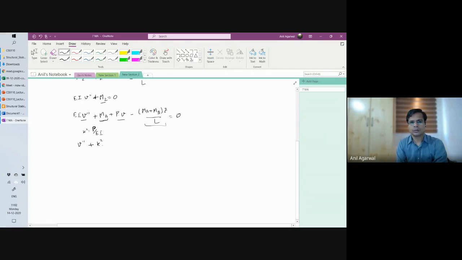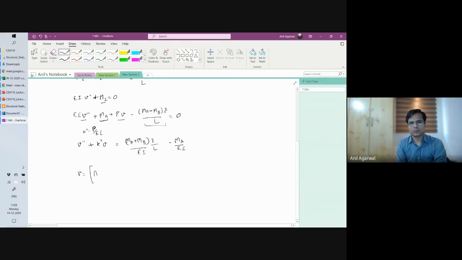So V double prime plus k square V is equal to, this will go to the right hand side, MA plus MB, Z by L, divided by EI, minus MA divided by EI. Okay. So this is a differential equation. You all know the solution for this differential equation.